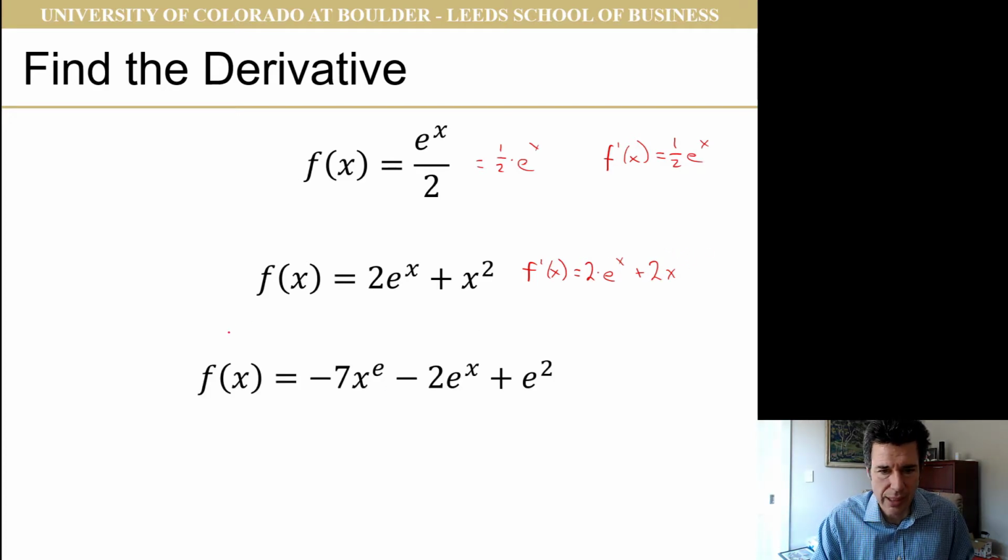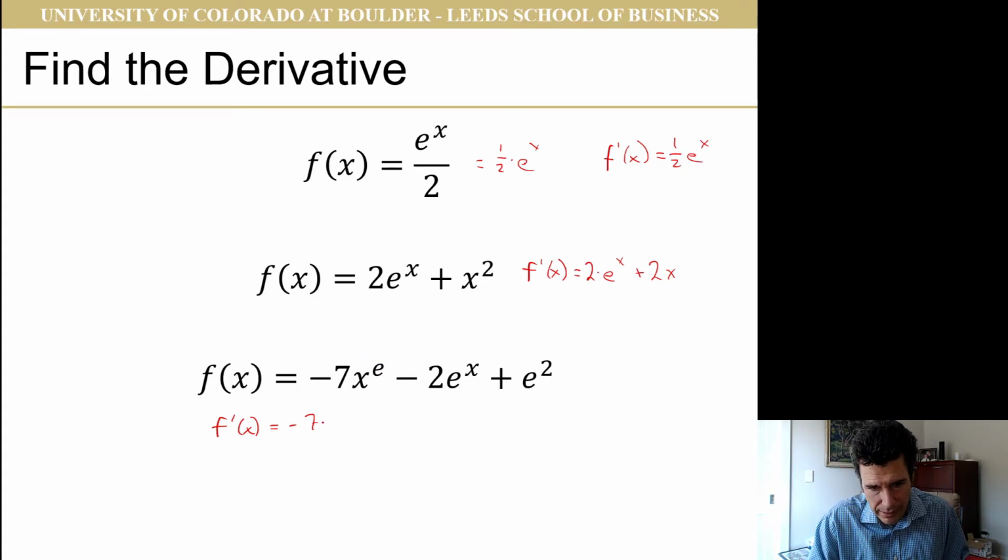The last function: negative 7x to the e minus 2e to the x plus e squared. Again, we've got the sum or the difference of a bunch of functions. We have some power rules, we have the derivative of e to the x, and so on. So f prime of x equals negative 7 times, and this is a power rule because we have the variable in the base and the exponent is the constant e.